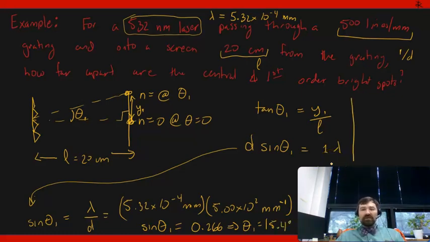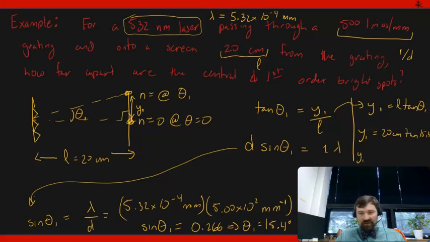All right, so now I can plug into this equation. This one now says y1 is L times tangent theta 1, and so y1 is 20 centimeters times the tangent of 15.4 degrees. And so y1, if I take the tangent of that, is 0.275, and that times 20 centimeters gives me about 5.52 centimeters.